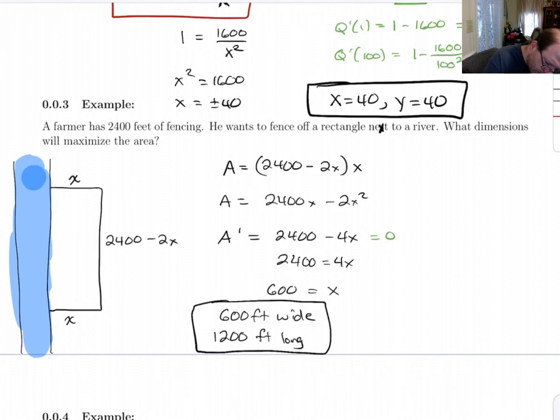Well, there are two ways. You could come over here and say, here's my critical number of 600. And if I look at A prime on both sides of it, say over here A prime of 0 and over here A prime of 700. Let me write those below here.